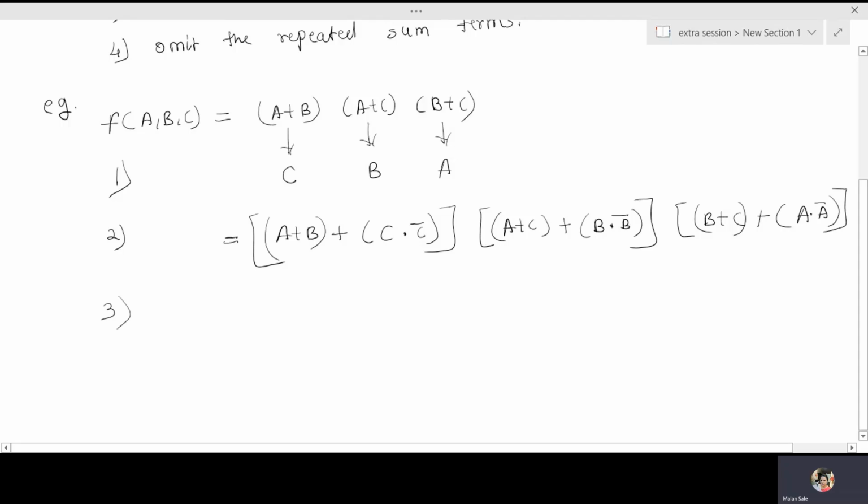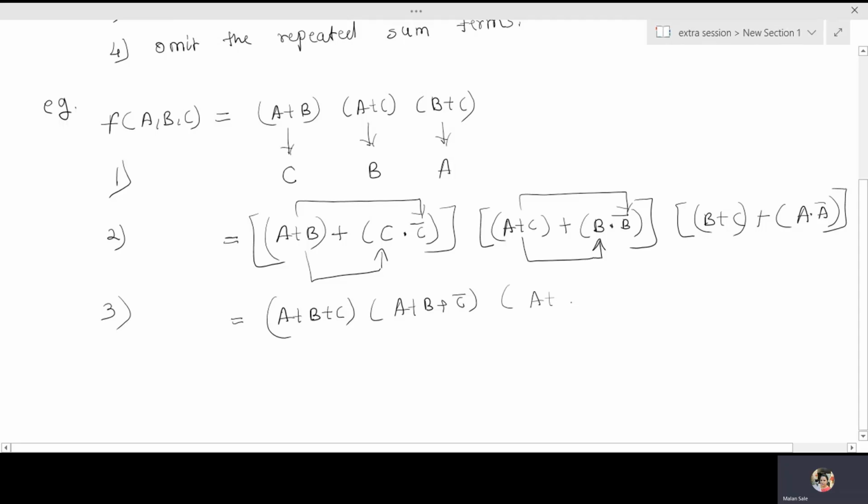The third step is to expand the terms and reorder the literals. Now A + B is first ORed together with C, then it is ORed together with C bar. Now my expression will become like this: A + B + C, then A + B + C bar. Similarly, A + C is first ORed together with B, then with B bar.